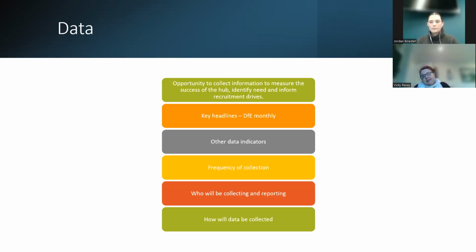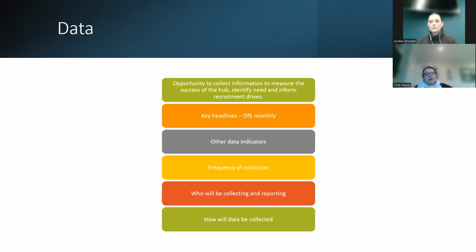We have 6 key headline data pieces that we're looking to report to the Department for Education on a monthly basis. These are an increase in inquiries, and our target for that is 30%. That's been set by the Department for Education. We want to increase the number of households that are approved, and that we would look to do that as a 20% increase in the rate of approval.